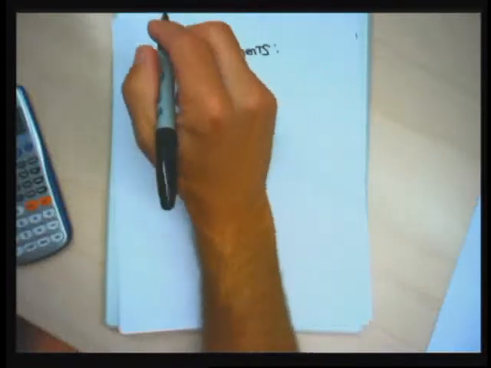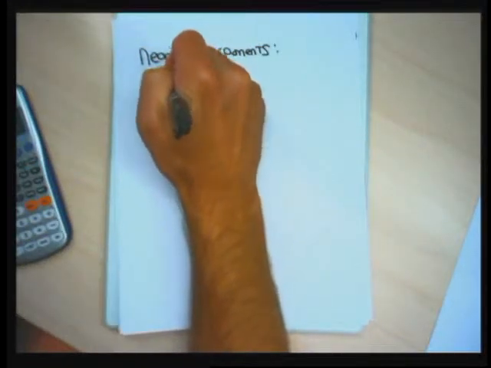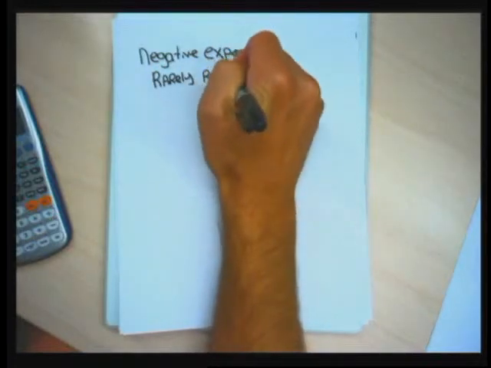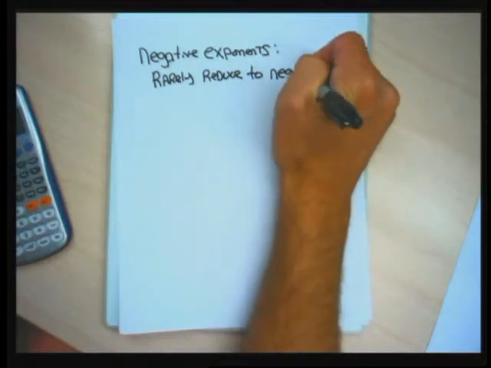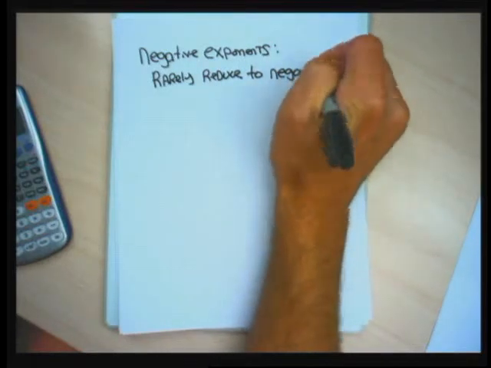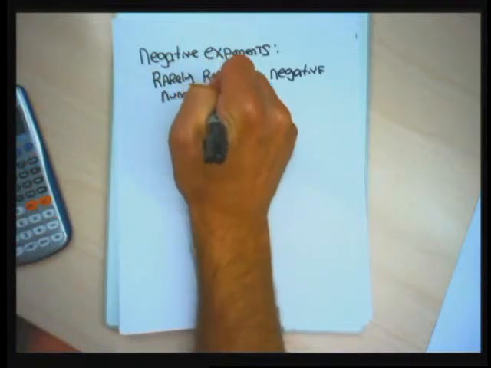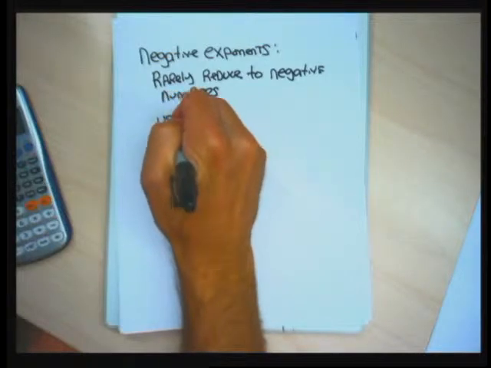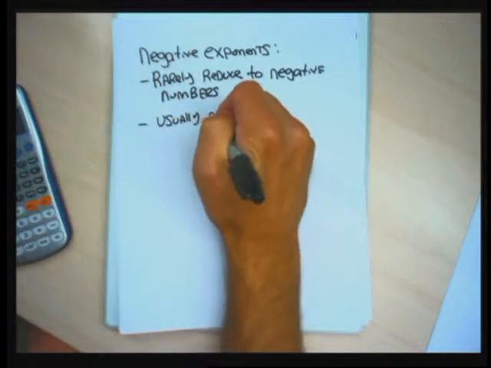Negative exponents, I'll say, rarely reduce to negative numbers. And I can say negative exponents usually reduce to fractions.